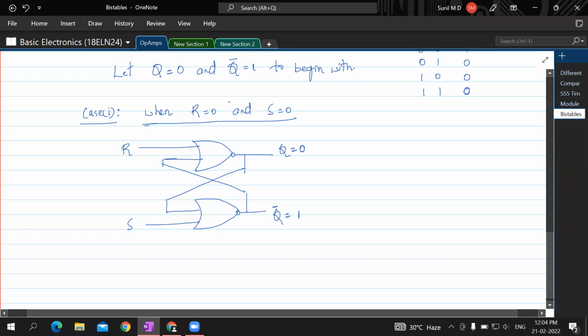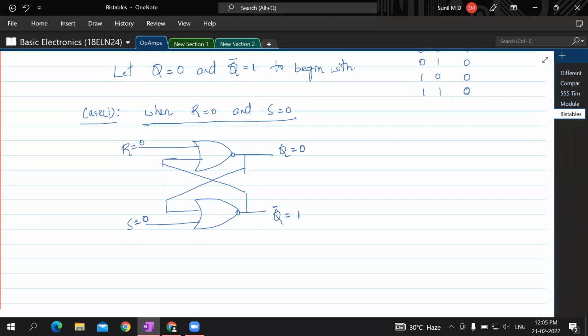And what are we saying? Q is 0, Q bar is 1. That means this Q is 0, Q bar is 1, and R is 0, S is 0. So this R is 0 and this S is 0.